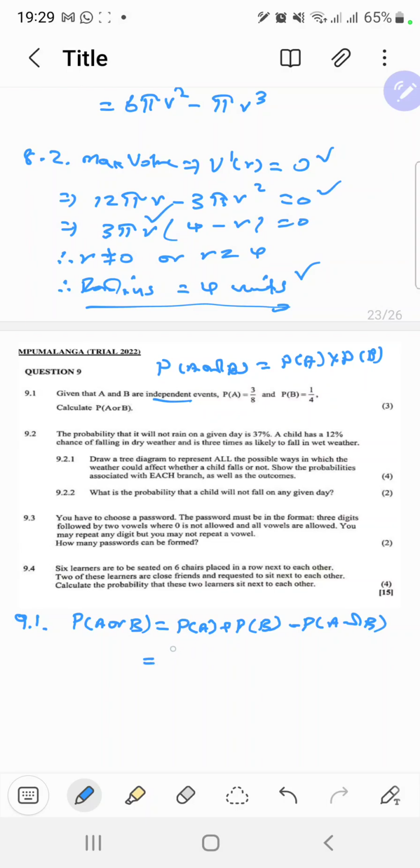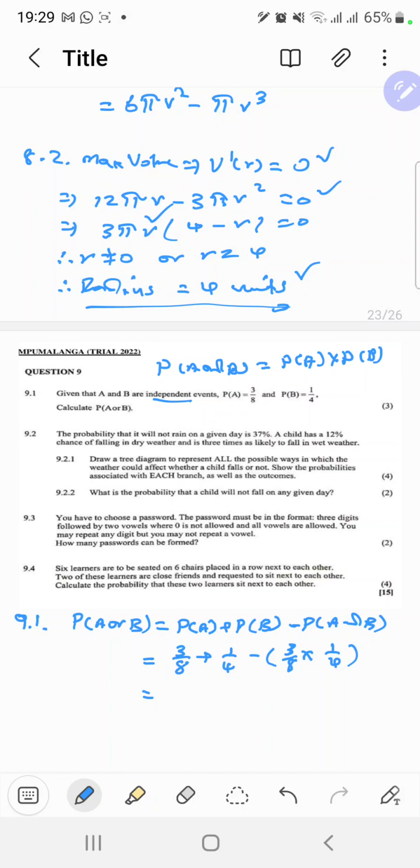P of A is 3 over 8 plus P of B is a quarter minus 3 over 8 times 1 over 4. So this one is simple. You just sort it out, BODMAS style. First deal with the multiplication and then the signs. Addition and subtraction is more or less the same thing, but your calculators are already smart.